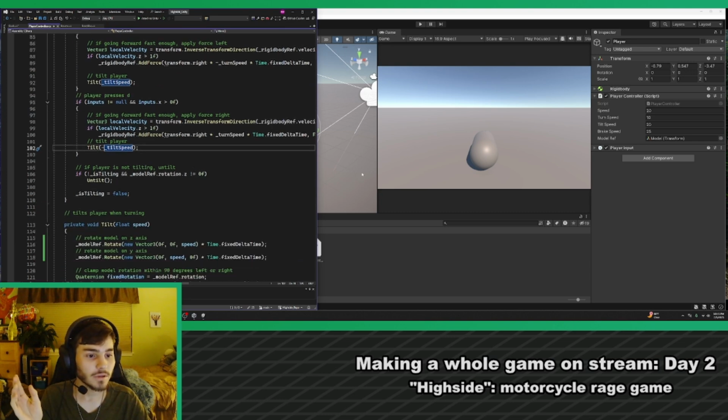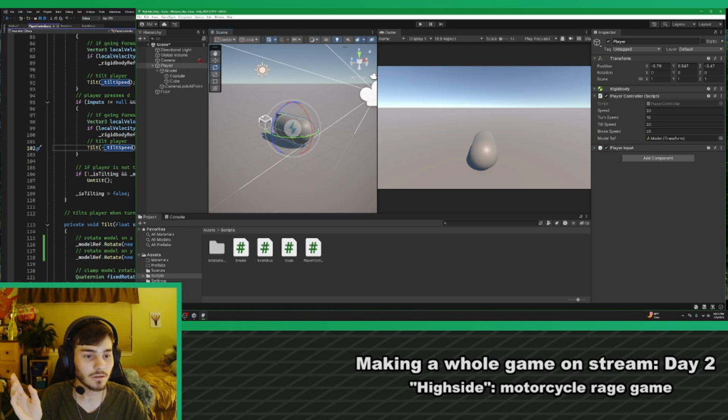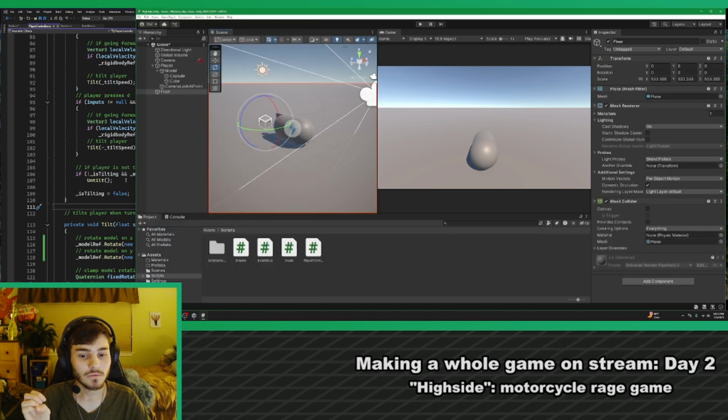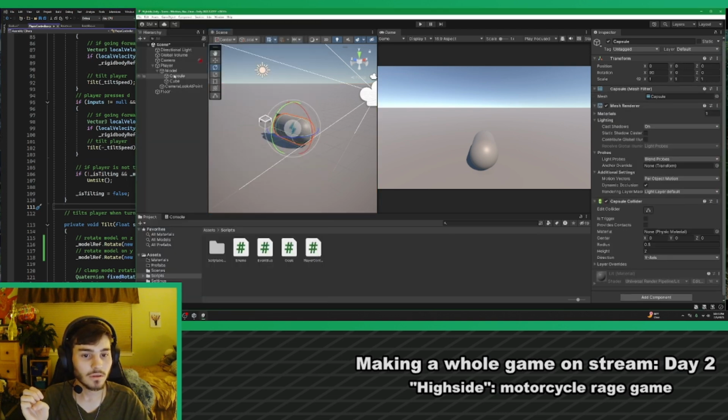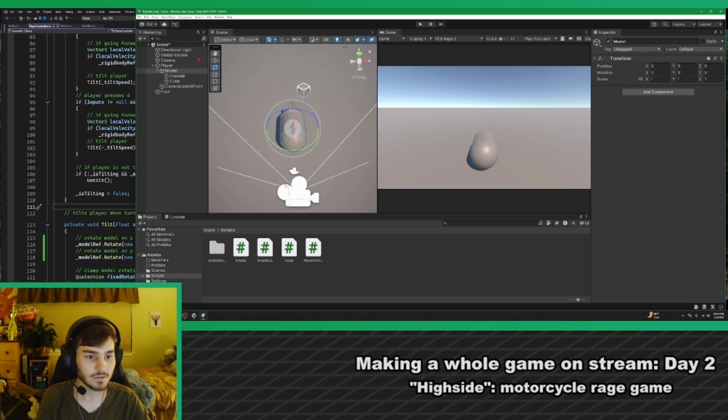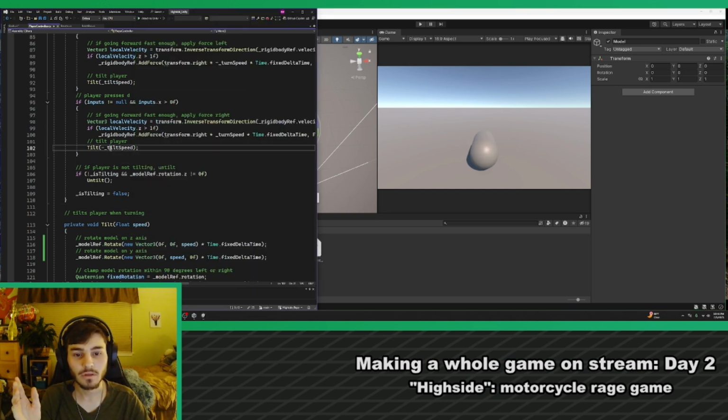Okay, so then, understood. So here, to rotate it to the left, we add negative, and to rotate to the right, we add positive.